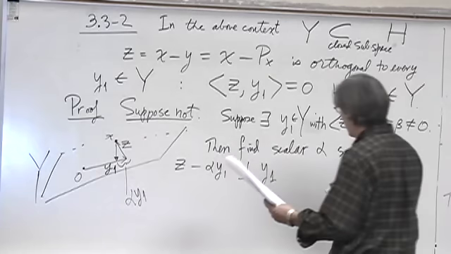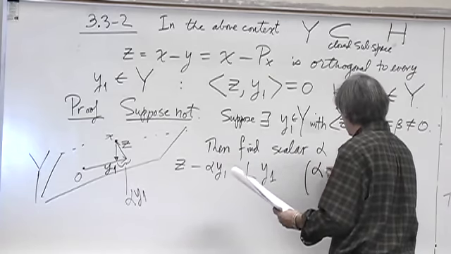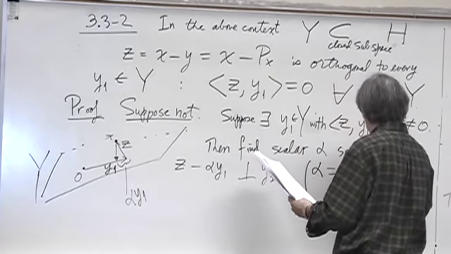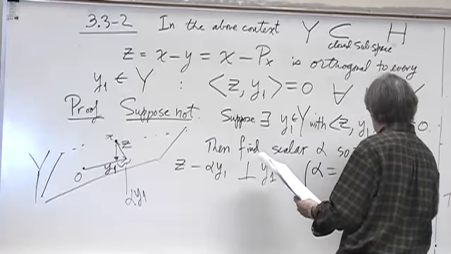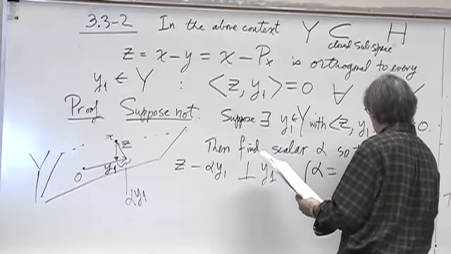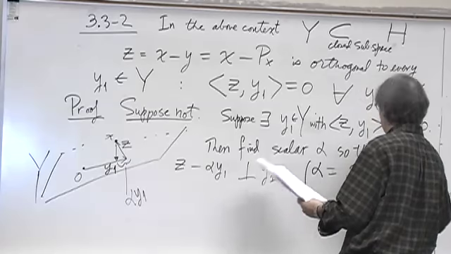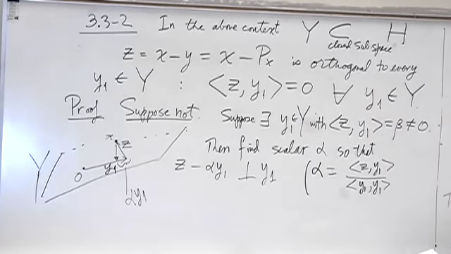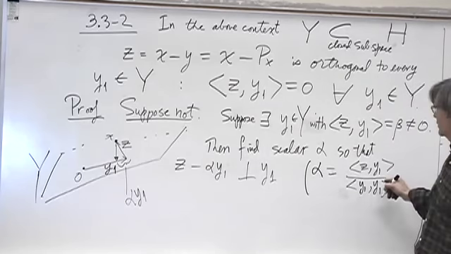That's pretty easy to do just by fixing up the inner products. You take alpha equal to the inner product of z with y1 divided by the inner product of y1 with y1. y1 is not equal to 0, otherwise you couldn't have inner product with y1 equal to beta. Let's check it.